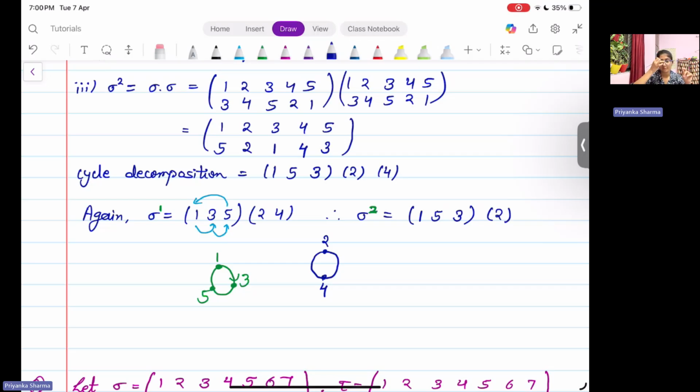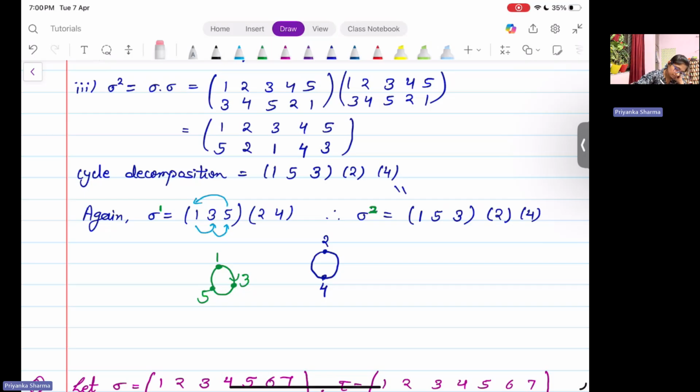So we need to close the cycle here. And what about 4? For 4, we will start from here. The first element will be 2 in the cycle, and the second one will be 4 again. So that's why we have 4 here. And yeah, we can check that both are same. So this is a shortcut to find it.